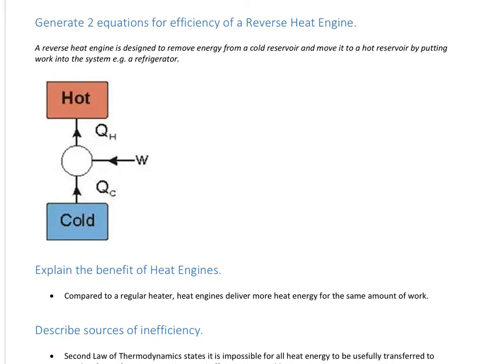So for a heat pump, which is when you're trying to get heat out of it, essentially you're using it as a heater. The useful energy out in a heat pump would be the QH, and it's divided by the work done.